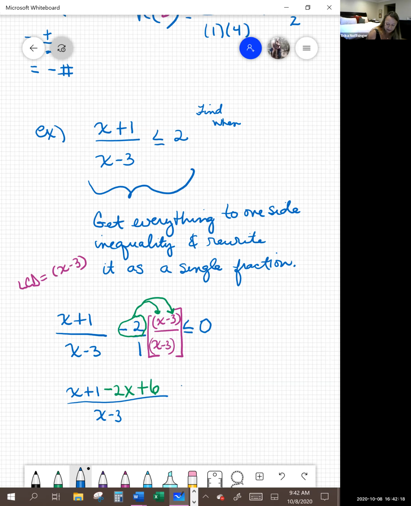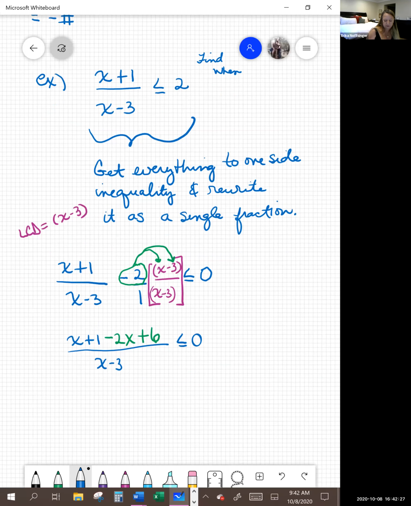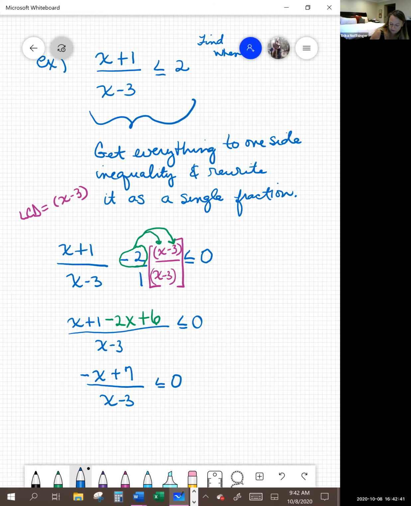Bring down the less than or equal to 0. So let's combine like terms in our numerator. We have an x minus a 2x, which is negative x. We have a 1 plus 6, so plus 7, all over x minus 3 is less than or equal to 0.